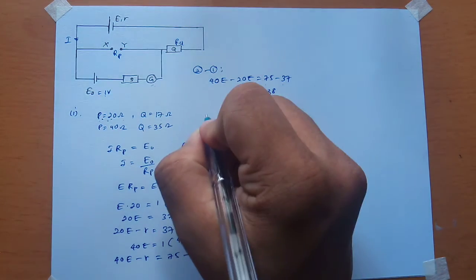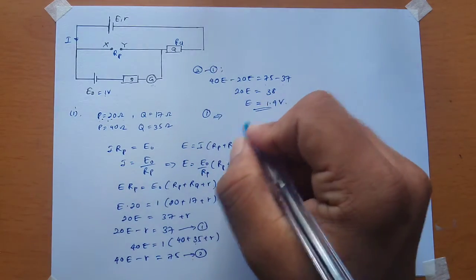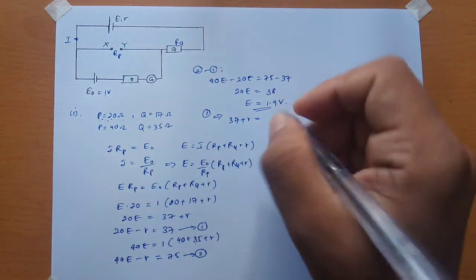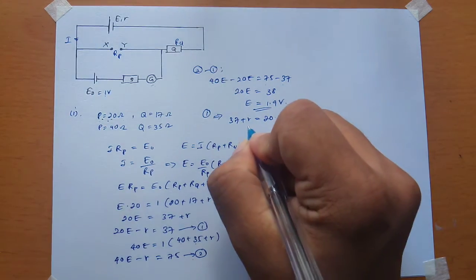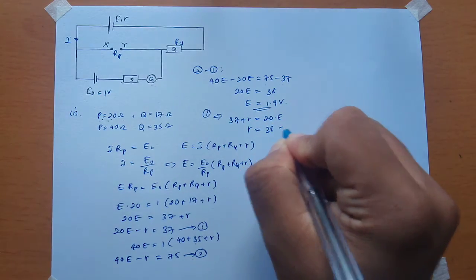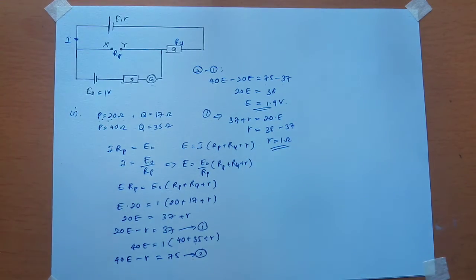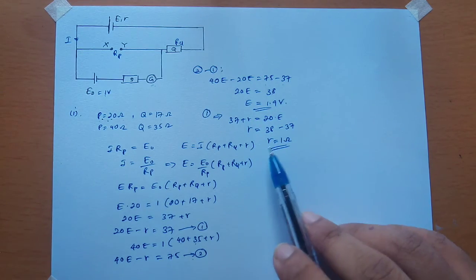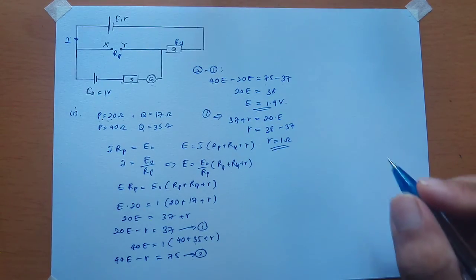If I consider equation 1, we have 37 plus r equals 20 into E. So r equals 20 into E, which is 38, minus 37, so r equals 1 ohm. Now we have found the EMF of the cell as well as the internal resistance of the cell. So this part is done, and next is Roman numeral 2.